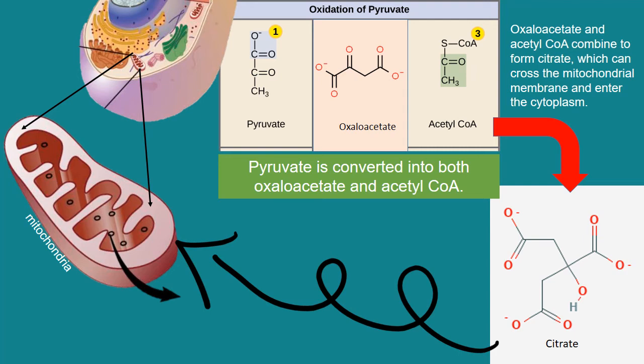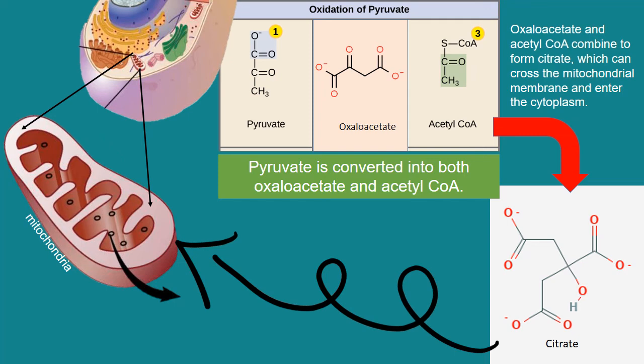Although lipogenesis occurs in the cytoplasm, the necessary acetyl-CoA is created in the mitochondria and cannot be transported across the mitochondrial membrane. To solve this problem, pyruvate is converted into both oxaloacetate and acetyl-CoA. Two different enzymes are required for these conversions. Oxaloacetate forms via the action of pyruvate carboxylase, whereas the action of pyruvate dehydrogenase creates acetyl-CoA.